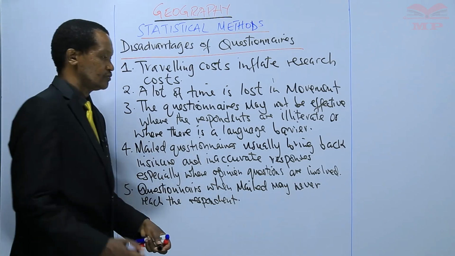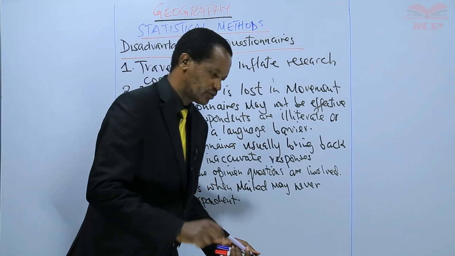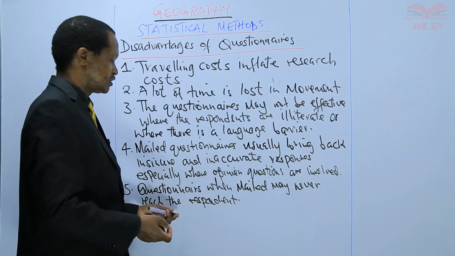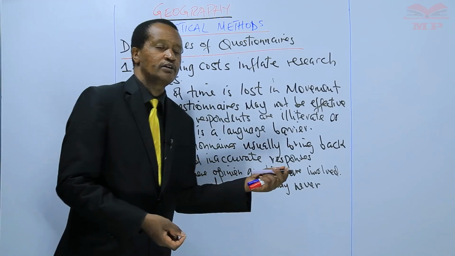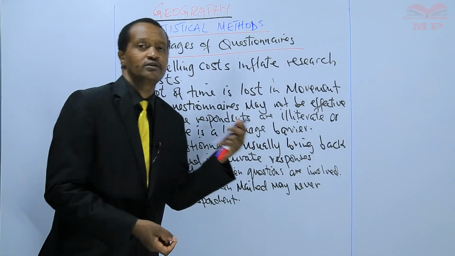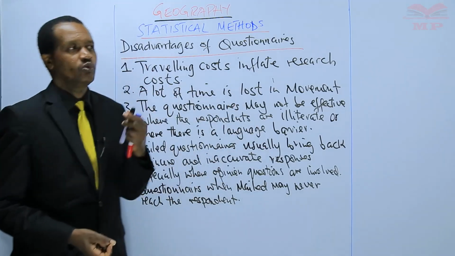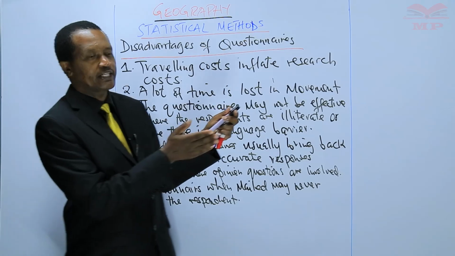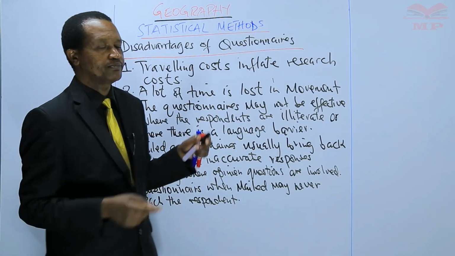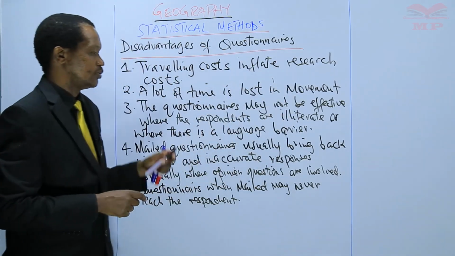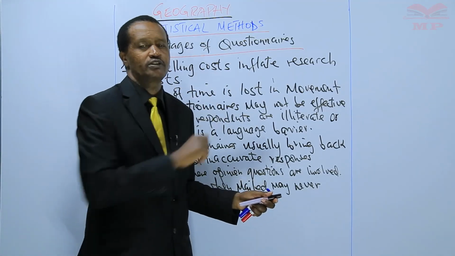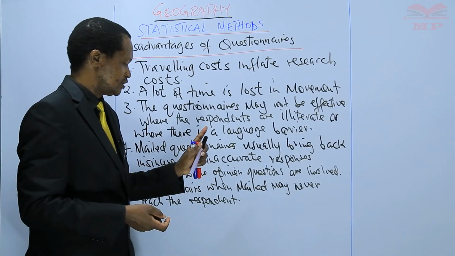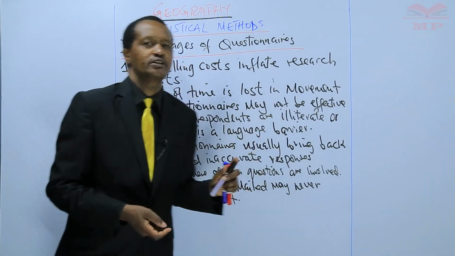So if you have sent the questionnaires, say by email, there is no guarantee that the respondent will receive the letter or the mail. Or when you send it as a parcel, there is no guarantee that parcel will reach the respondent. When sent through the post office, for example, there is no guarantee that the questionnaires will be received by the respondent.